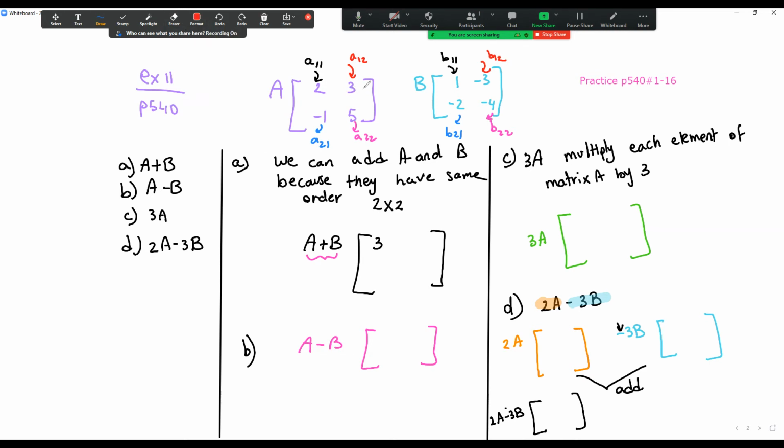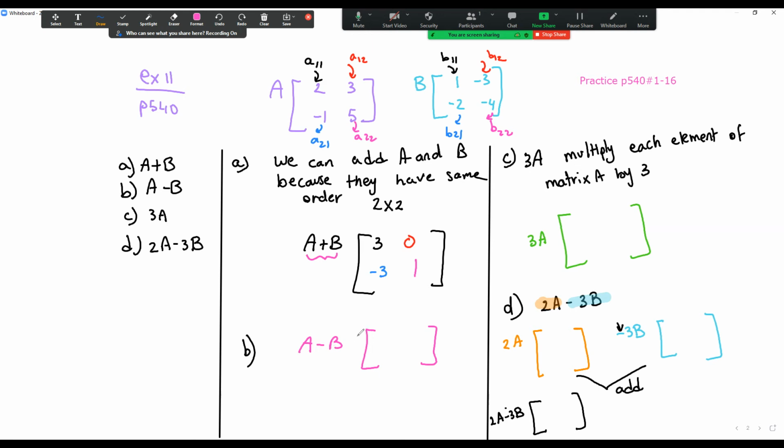If we look at the red, first row, second column with first row, second column, 3 plus negative 3 is a 0. Second row, first column with second row, first column, so negative 1 plus negative 2, and that goes with the blue. It will equal negative 3. And the last one, second row, second column with second row, second column, they add up to 1.